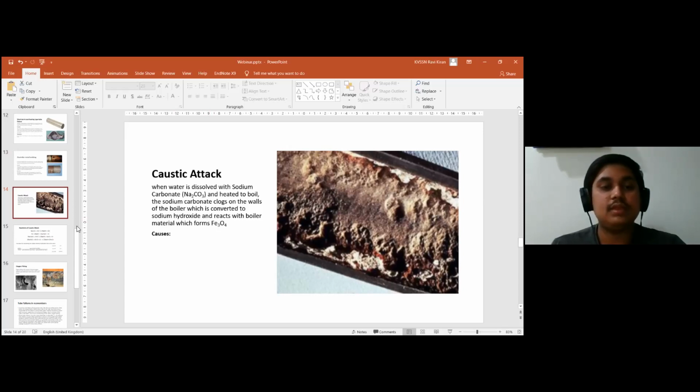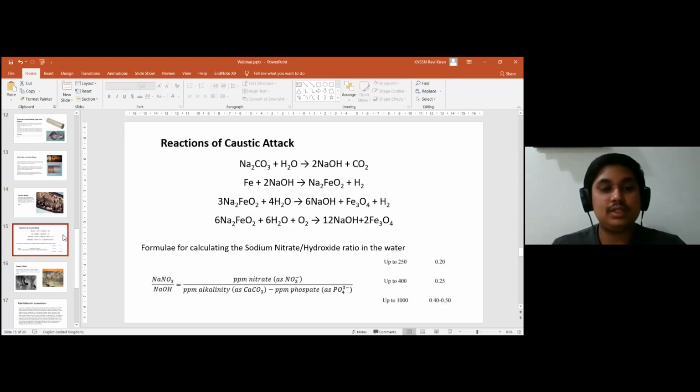And when we are talking about the chemical reactions caused by these caustic attacks, it is generally sodium carbonate producing sodium hydroxide while reacting with water present in the boilers.